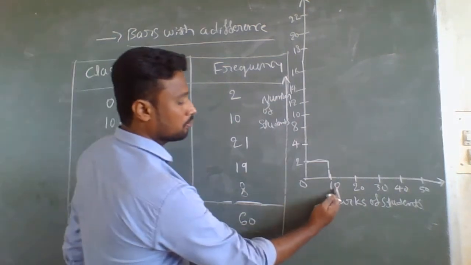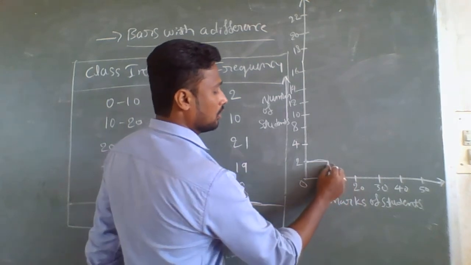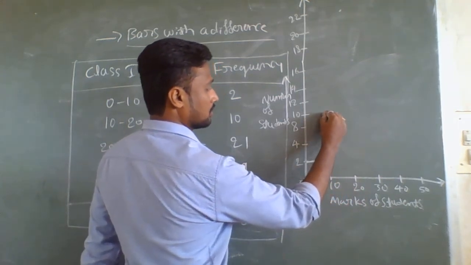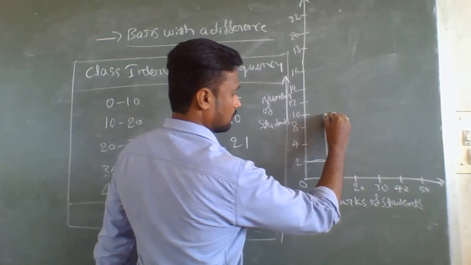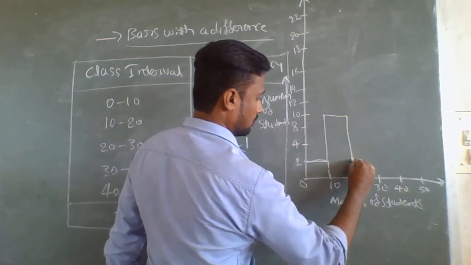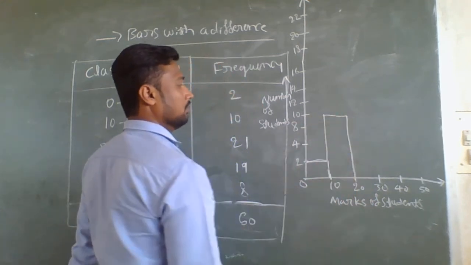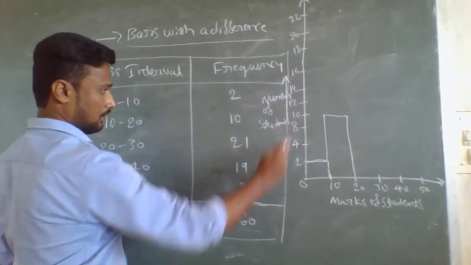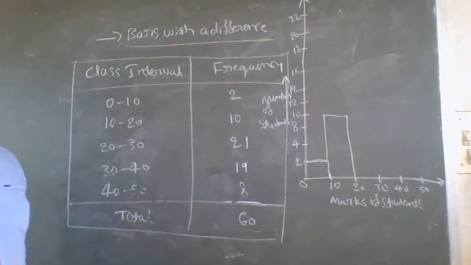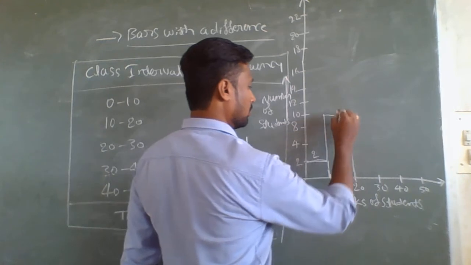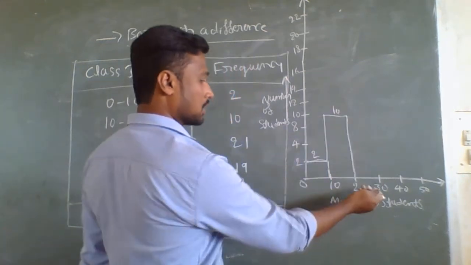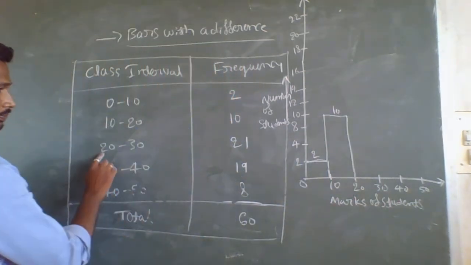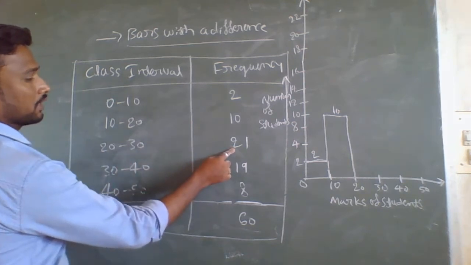So marks between 10 to 20, it is 10. Marks between 20 to 30, it is 21.